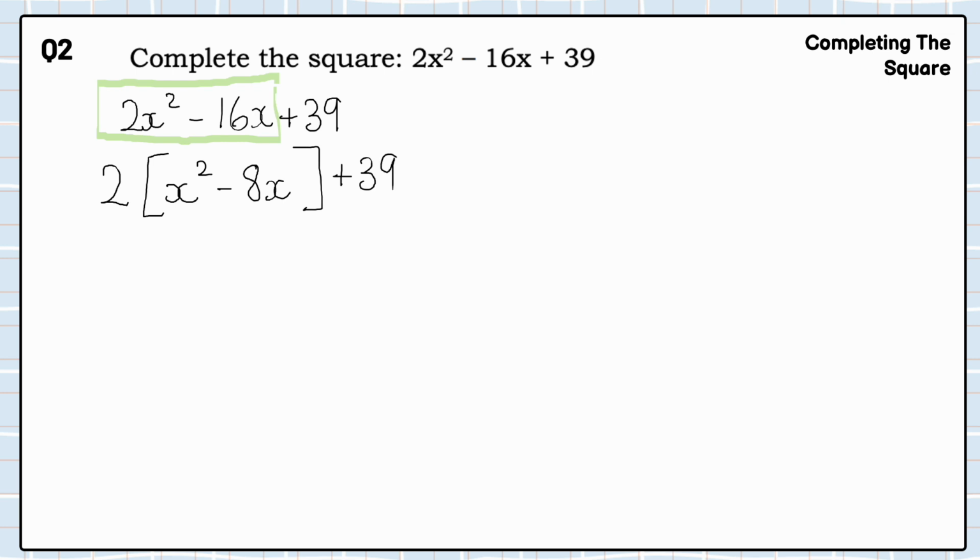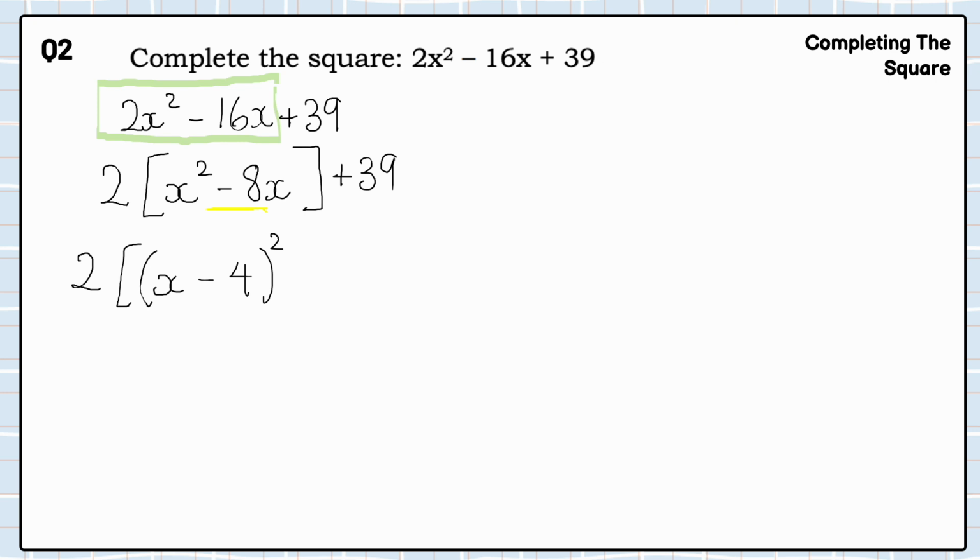And then what we're going to do is complete the square for whatever is inside our square brackets. So we write our brackets, x, squared, and then inside our brackets is going to be half of this number here, half of -8, which is -4 squared.